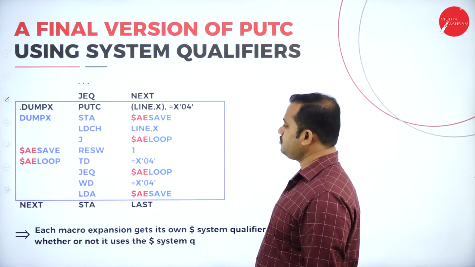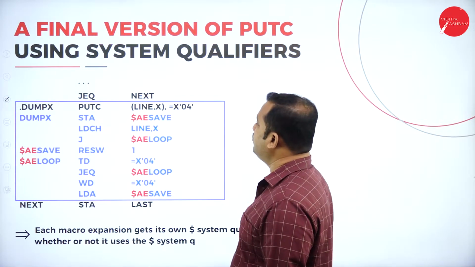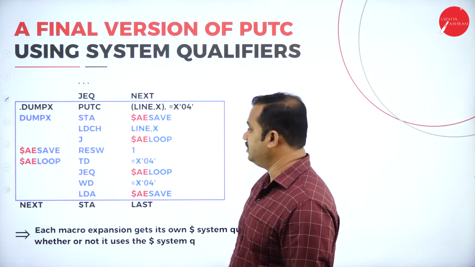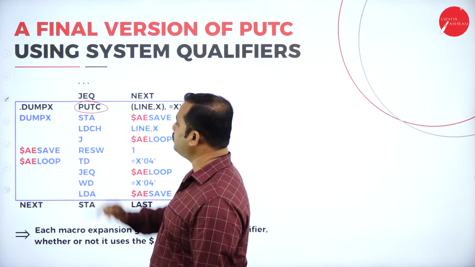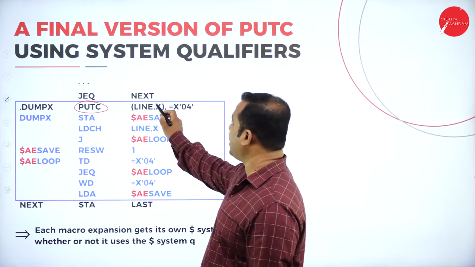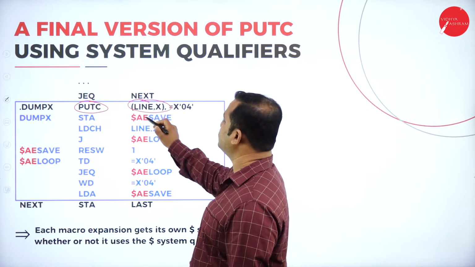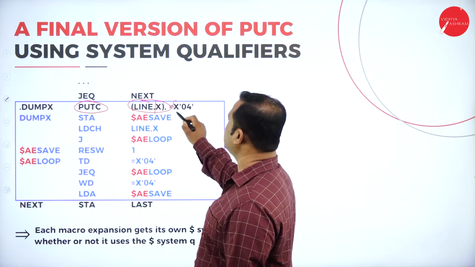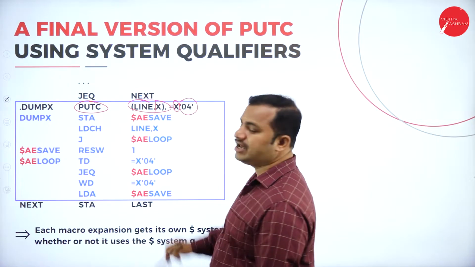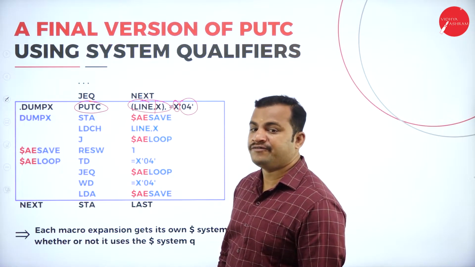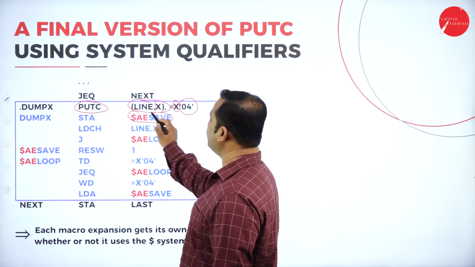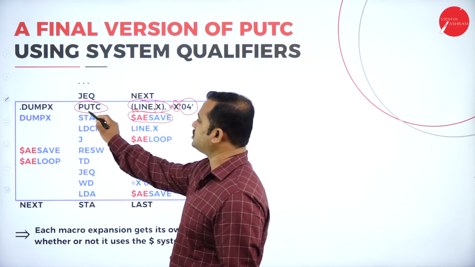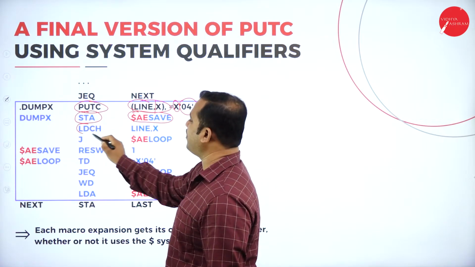So let me take you to the final version of that. In the final version, we have PUTC here, which is the macro name. Then we have the parameters, where X is the character and 04 is the device identified by the identifier. Then we have $AE here, store in the accumulator. Then we have a load character.